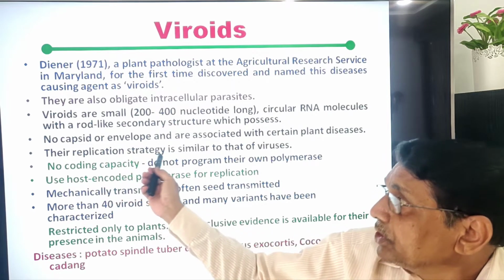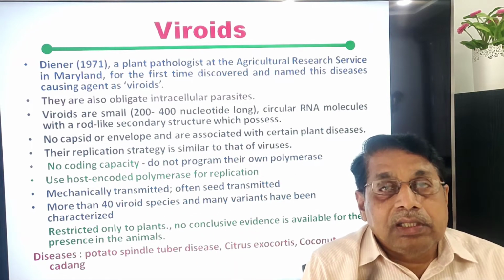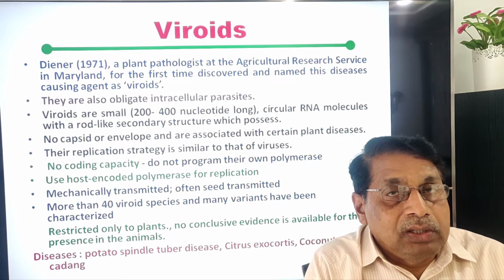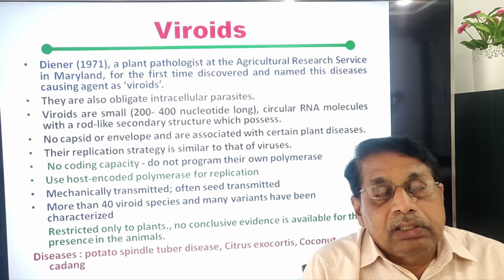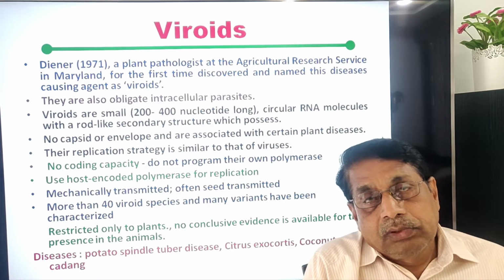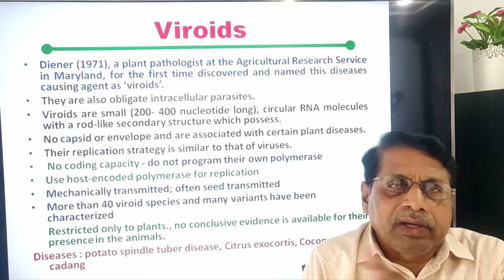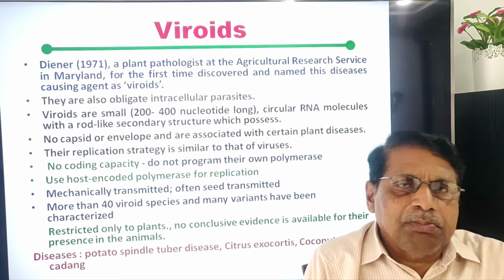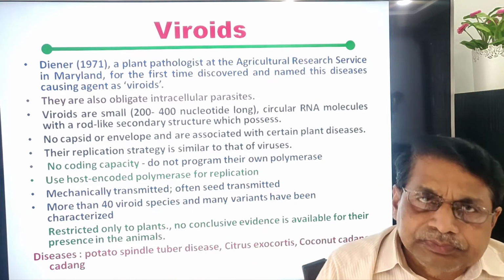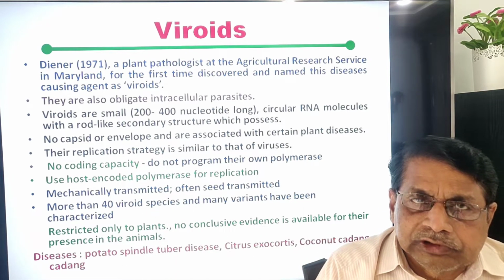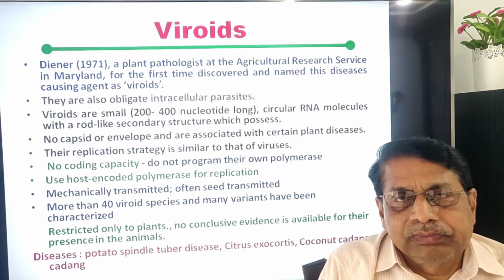The replication strategy is similar to that of viruses because they contain RNA. Viroid, all RNA. Remember, don't forget, all the viroids contain RNA. Just like RNA viruses, the viroids also replicate in the same method. No coding capacity, so they cannot translate proteins.